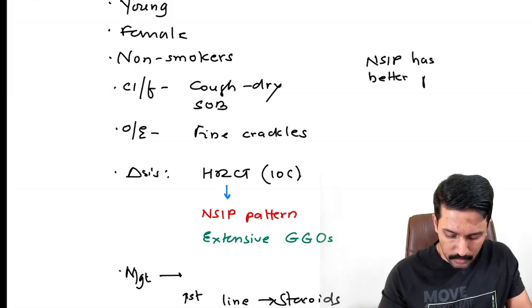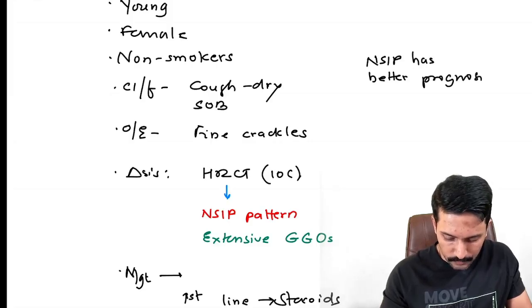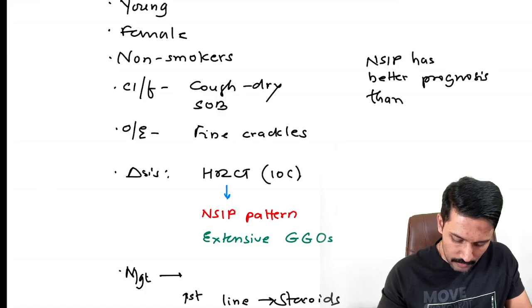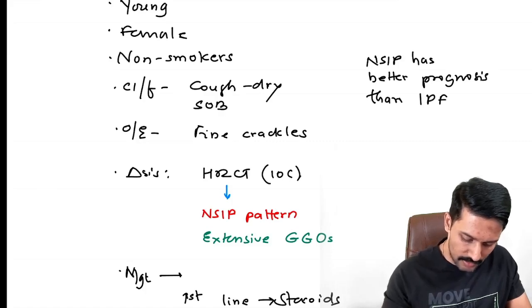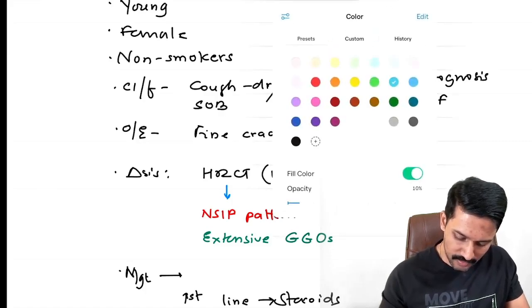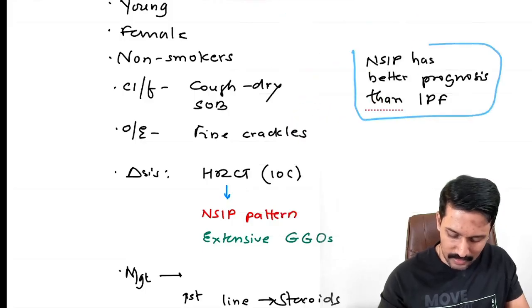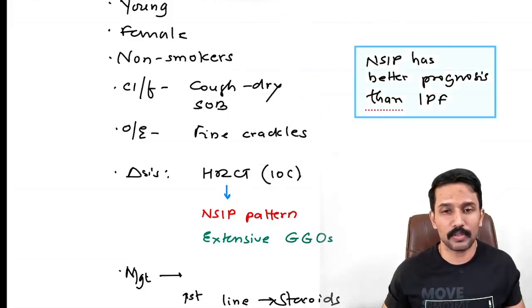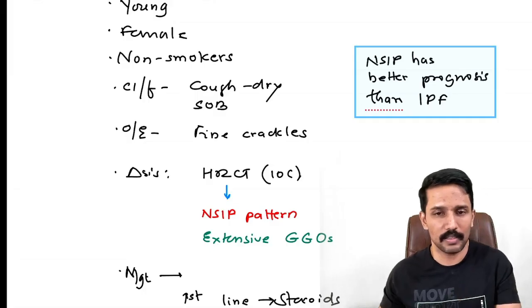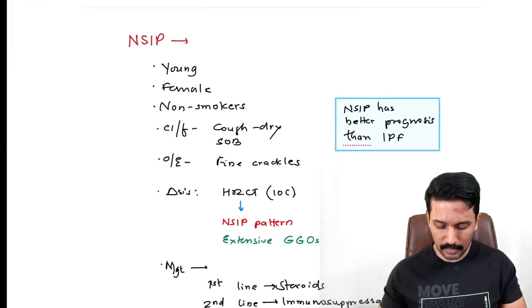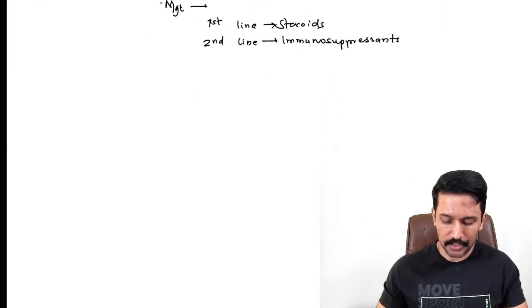NSIP has a better prognosis than idiopathic pulmonary fibrosis. And as I always say, males are unlucky because males usually get IPF, which carries a poor prognosis. Females get NSIP, which generally carries a better prognosis. Right? That's it about our interstitial lung diseases.